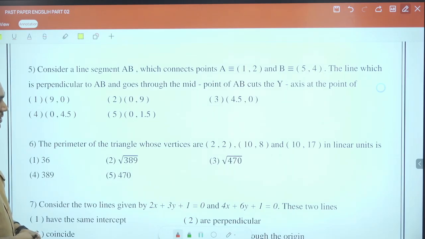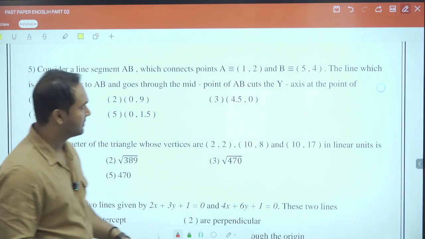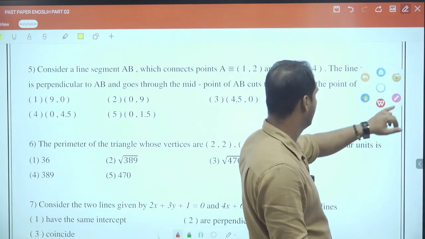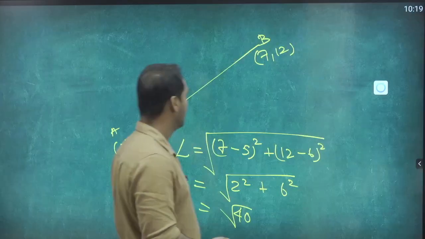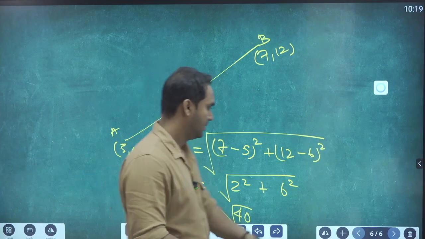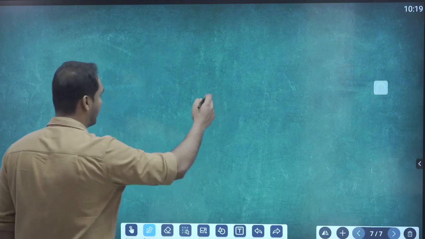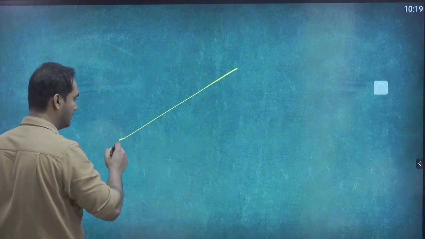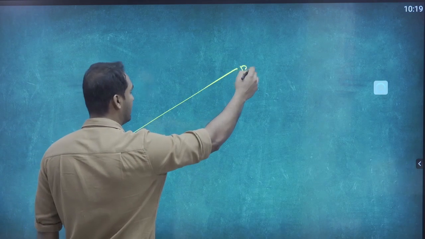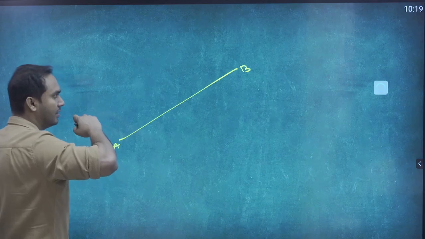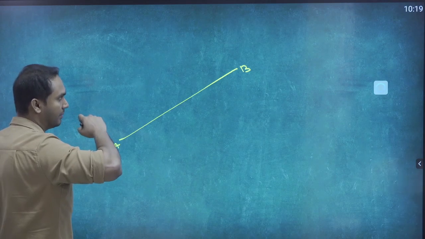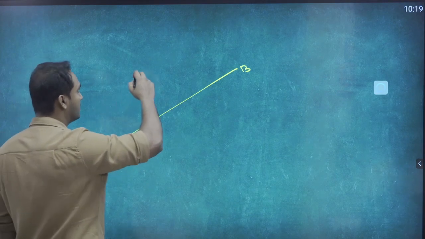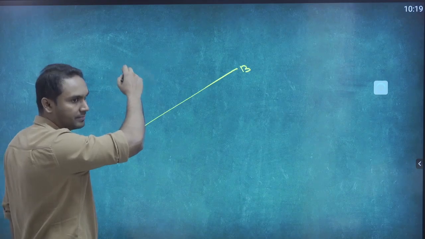So shall I draw the rough sketch? Now this is the rough sketch, it says. Right? So now AB is a straight line and another graph perpendicular to AB is going through the midpoint of the AB, right?